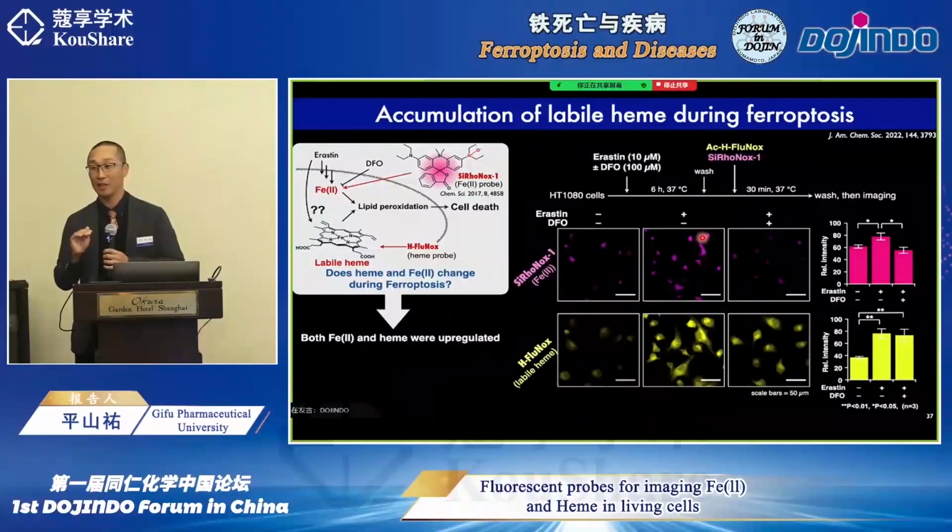Yeah, it's a good question, and we expect that it is a labile heme pool, because our fluorescent probe can react with weakly bound heme.